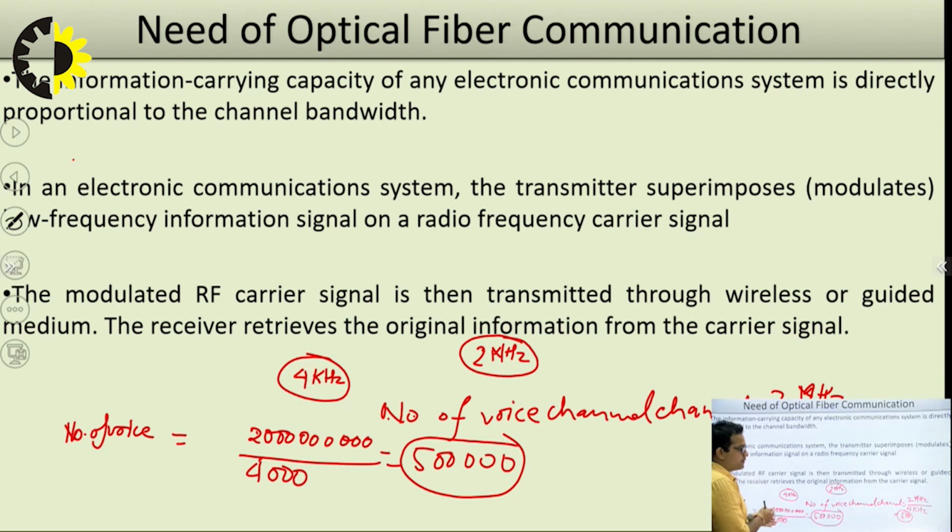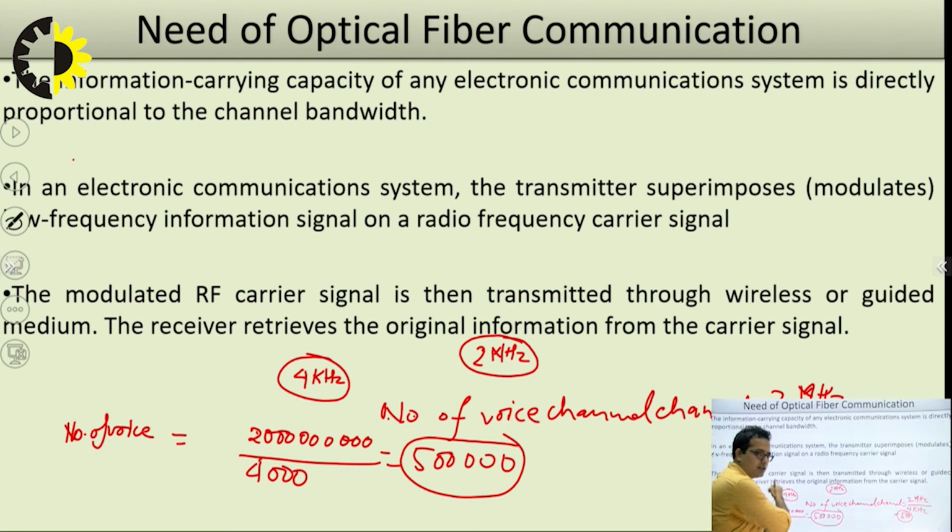Now we got this information. As we increase the frequency for the transmission, we can conclude that the number of voice channels transmitted simultaneously can be increased. So we have shifted from megahertz to gigahertz, that means to microwave signals.